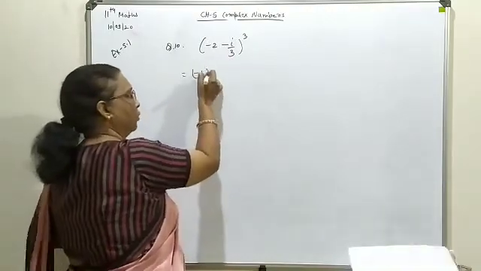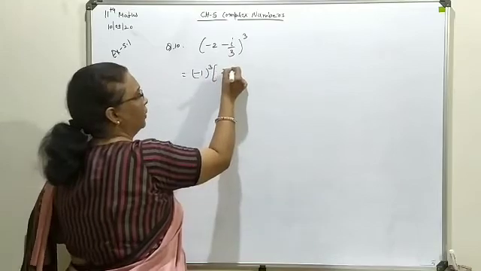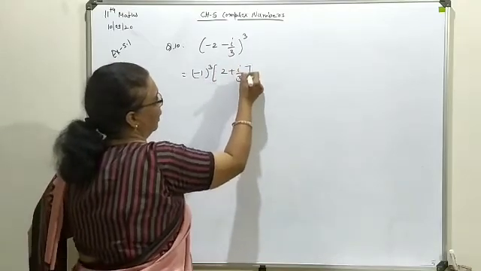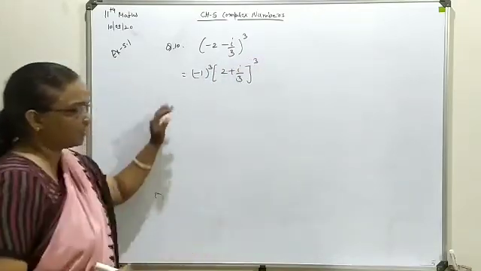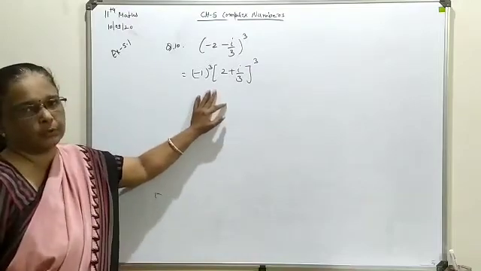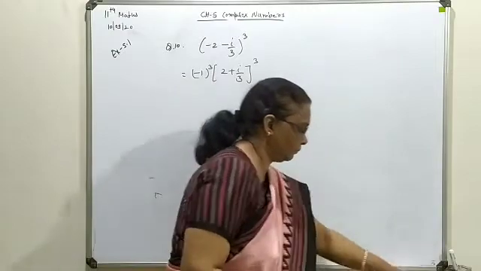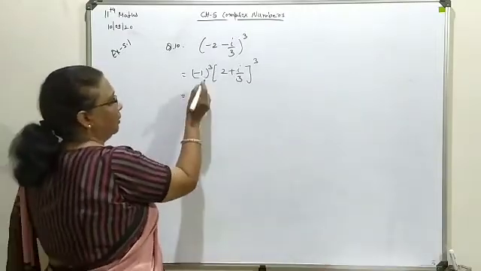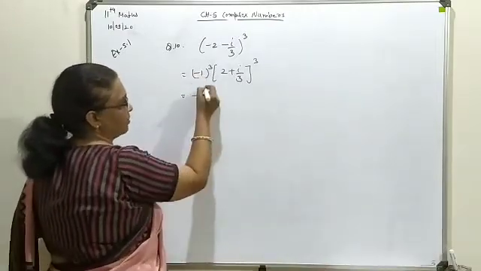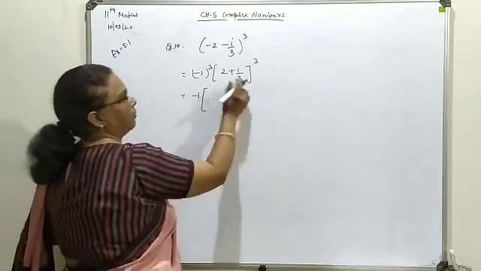So minus 1 whole cube, 2 plus i upon 3 whole cube. We know the expansion regarding a plus b whole cube. So keep the minus outside. Now inside the bracket make it expand.